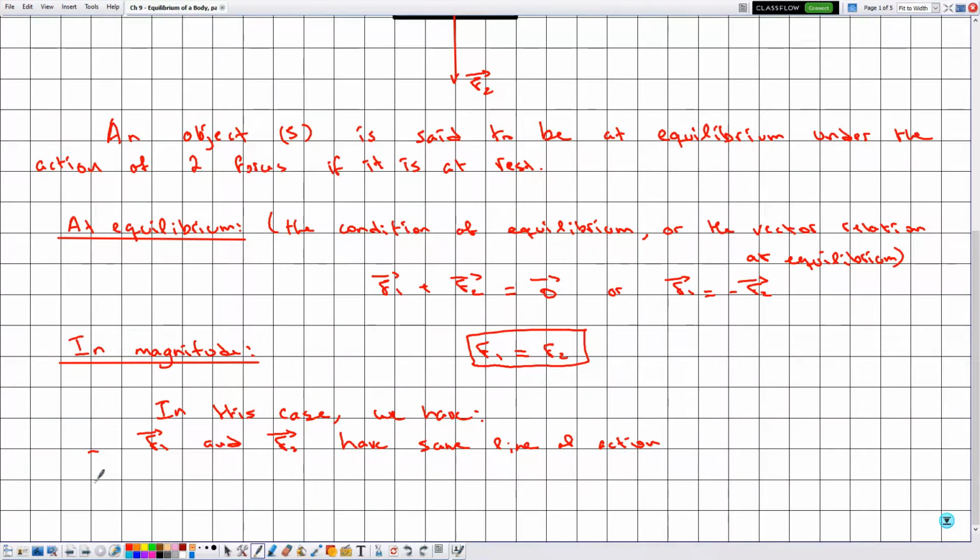Now F1 and F2 have opposite directions, and as we have mentioned here, they have the same magnitude.